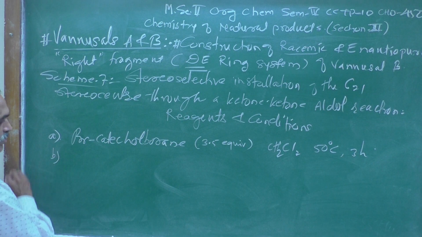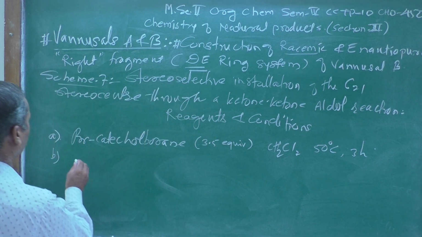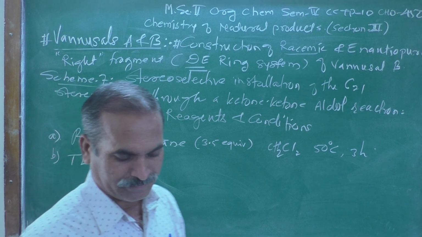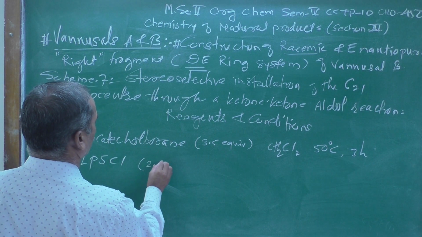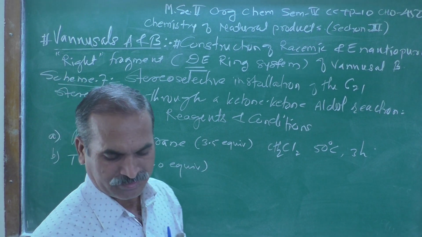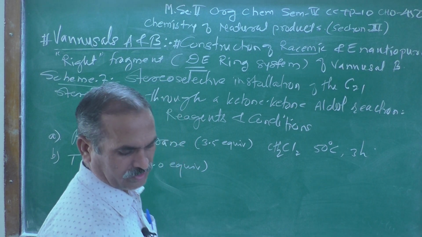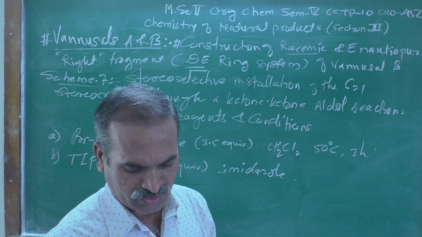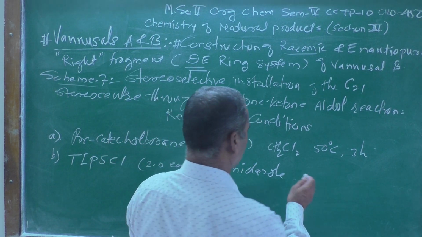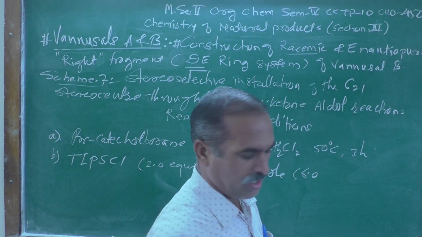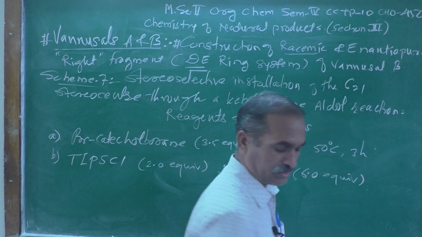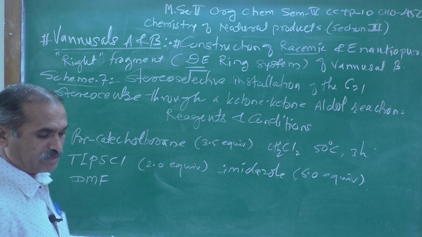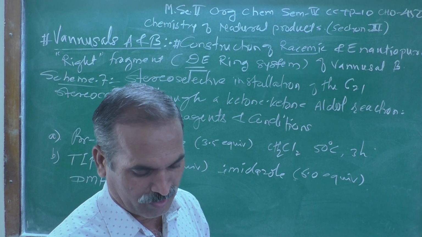The second reagent which we have used is TIPSCl, that is triisopropylsilyl chloride, which was taken 2.0 equivalents, and imidazole, which was taken at about 6.0 equivalents, and the solvent used is DMF, dimethylformamide.